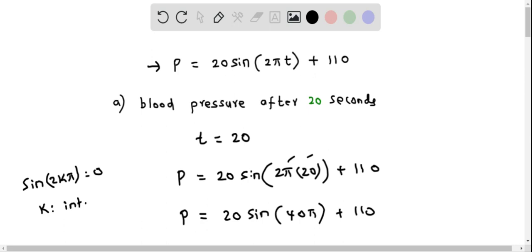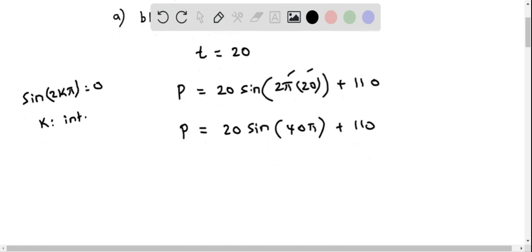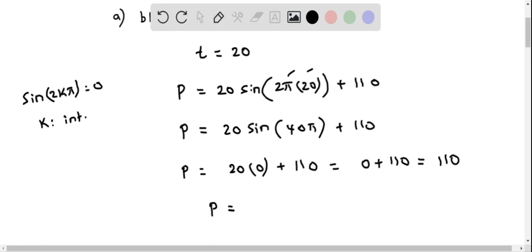So sine of 40 pi equals 0. Therefore, we get the blood pressure equals 20 times 0 plus 110, and this equals 0 plus 110 equals 110. So we have determined that the blood pressure after 20 seconds equals 110.